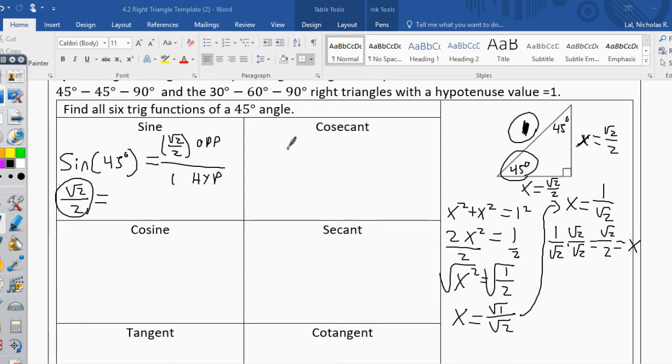The cosecant of 45 degrees is equal to 1, the hypotenuse, over root 2 over 2. What happens when you have 1 divided by a fraction? What's going to happen to that fraction? Flip it. So that's equal to 2 over root 2.